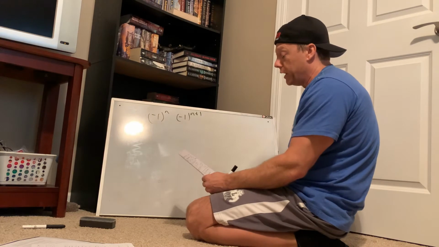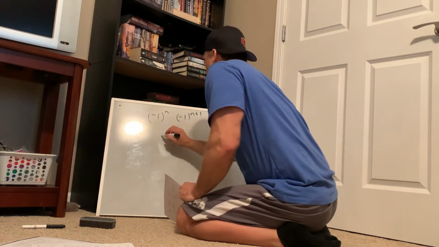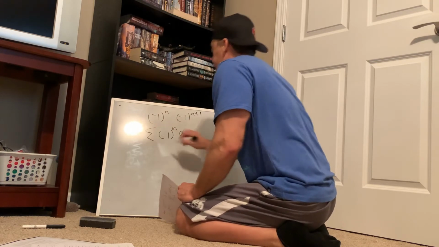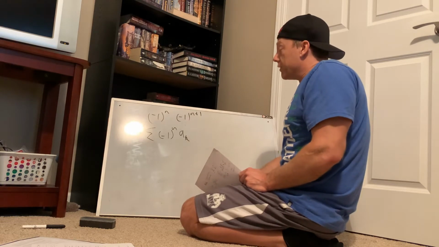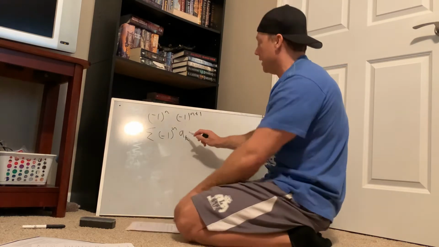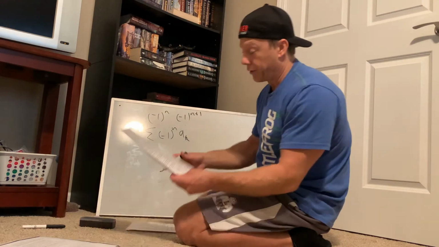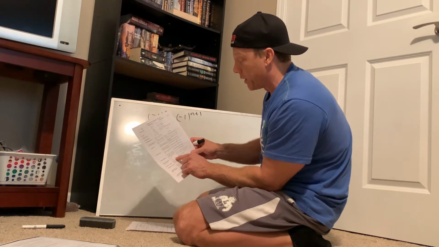So the idea is just going to be this. You're going to have one of these two, and it doesn't matter which, with some function here. If you want to read your little thing, it says alternating series test.